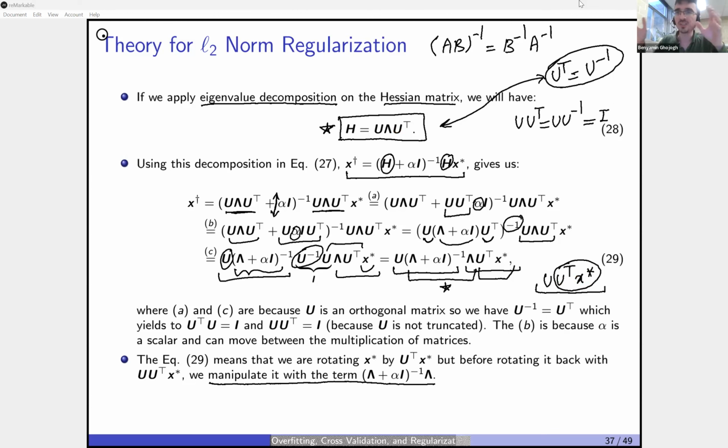We are in the same space. You can see this projection as a rotation. I have explained it more in the preliminaries of statistical learning. So you can see U transpose x as a projection onto the column space, or, if U is a square matrix, as a rotation in the same space. So basically, you are rotating it, manipulating it, and rotating it back. Okay.